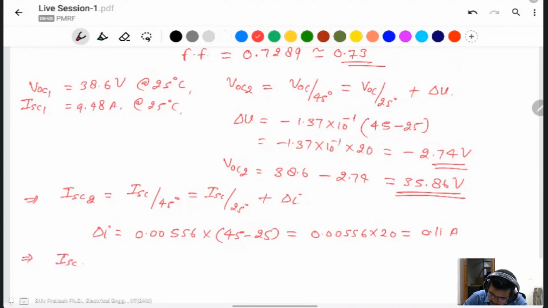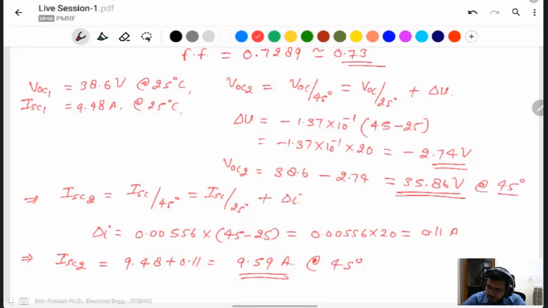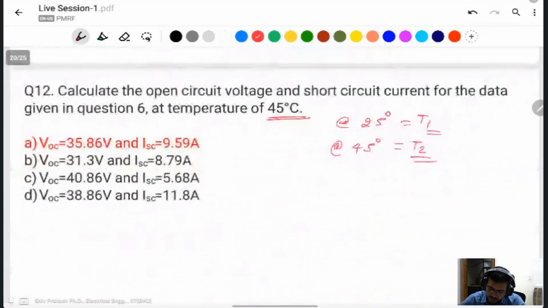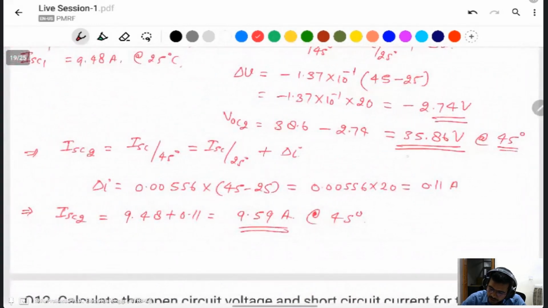Then ISC2 is 9.48 plus 0.11, which is 9.59 ampere. So at 45 degree centigrade, the values are 35.86 volt and 9.59 ampere.